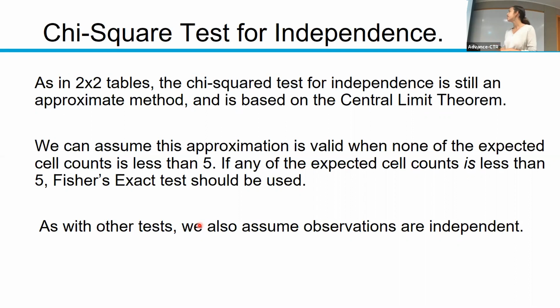If this is not the case, then you should again be using Fisher's exact test. Additionally, there are other assumptions that should be thought about when you're conducting these tests, such as assuming all observations are independent, or that the sample you're drawing from is a random sample from your population of interest. So it's just important to keep these things in mind as you're conducting your analyses.